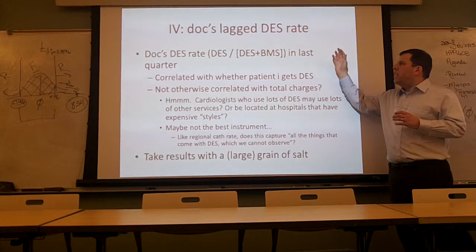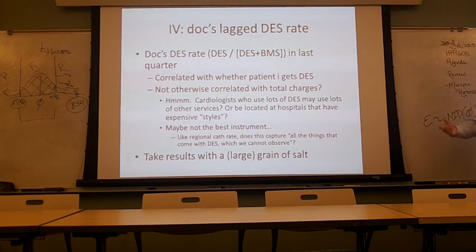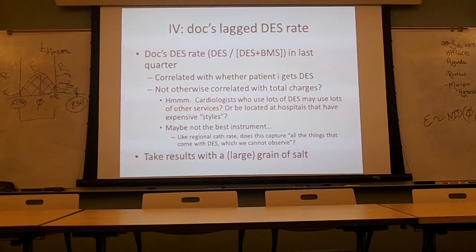So there's lots of variation in drug-eluting stent use, and we're going to use your physician-specific value from the last quarter. It should be correlated with whether or not you as a patient get a drug-eluting stent. It turns out it is. I'll show you. Is it also not otherwise correlated with total charges, though?